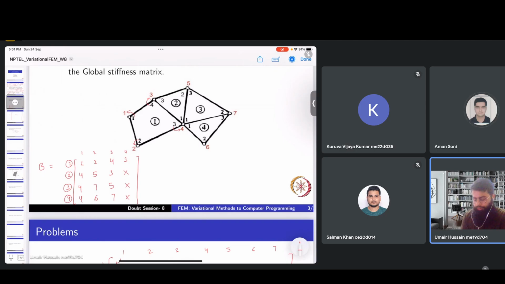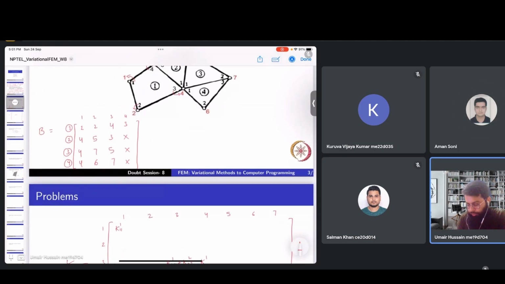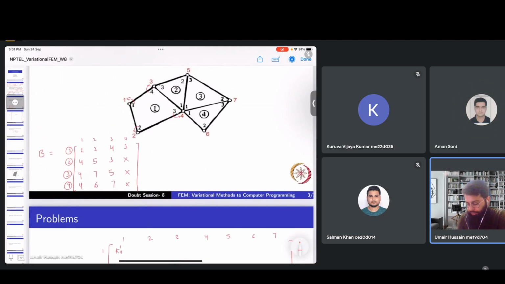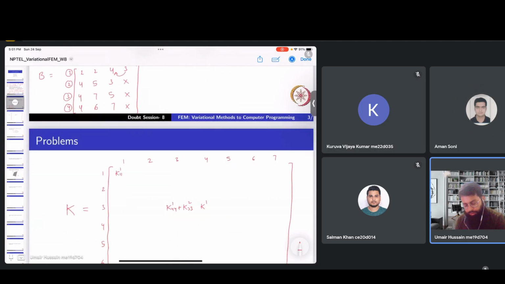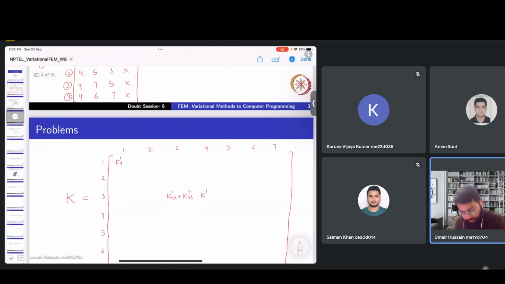Okay, so we want the global entry for 3, 4 and the contribution for it from element 1. Global nodes 3 and 4 are present in element 1, but for element 1 they are actually 4, 3. So global node 3 is local node 4 and global node 4 is local node 3. So for 3, 4 it should be 4, 3 of K1, right?